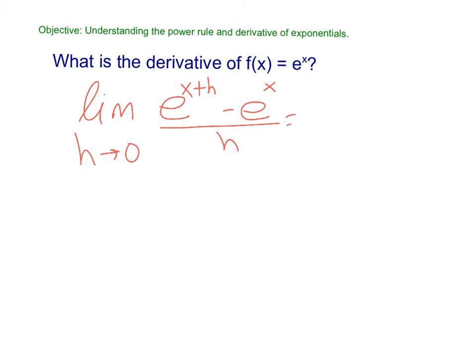There's not a lot we can do. The one thing that we can do is do something to e to the x plus h. So this is the limit as h approaches 0. e to the x plus h is really e to the x times e to the h, because remember, when you multiply, you add.